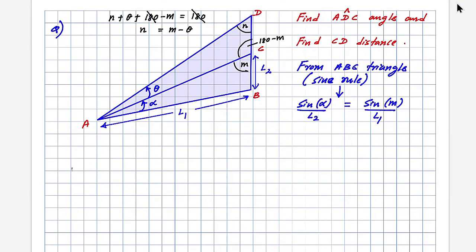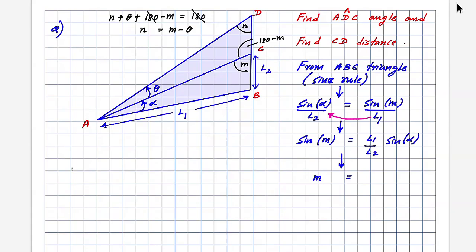So I firstly isolate sine m. Sine m is equal to cross multiply L1, L2 sine alpha. So what I did, I bring this L1 to this side. So L1, L2 sine alpha. Now, using our previous knowledge, we try to subject m by moving sine to the other side.